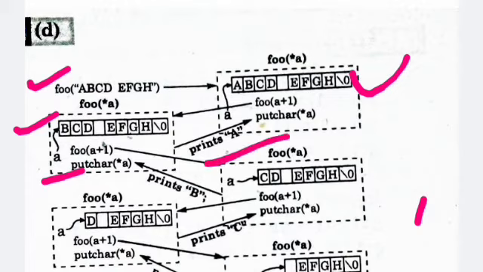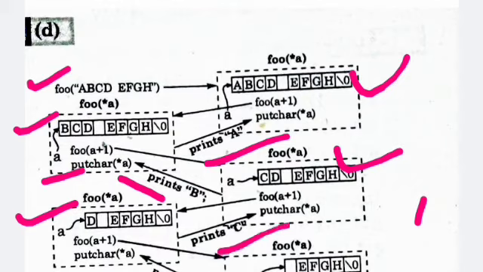Now again calling foo(a plus 1), it goes like this and returns the character b. Again when we call foo(a plus 1), it is c, d, e, f, g and null, and it prints the character c.